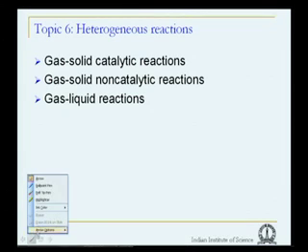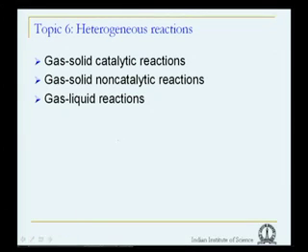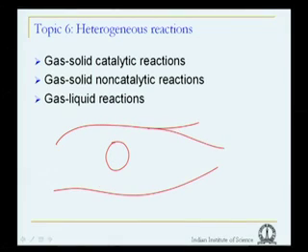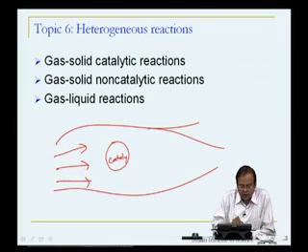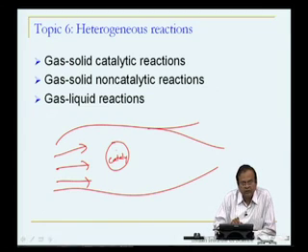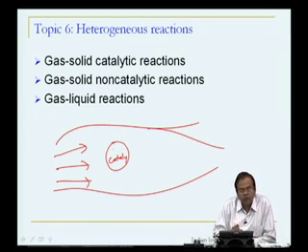For example, we discussed earlier that this is my catalyst pellet, and this catalyst pellet is present in the flow of gas. So this is a gas which is flowing, this is my catalyst, and I am going to look at what happens to this gas as it tries to approach the catalyst.